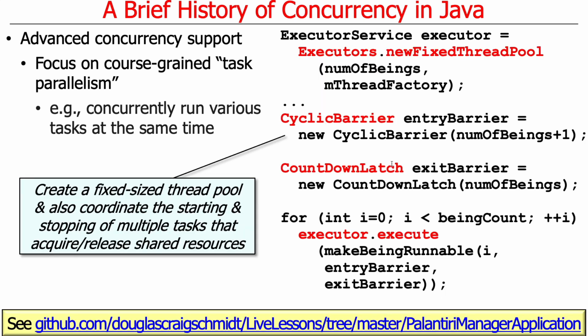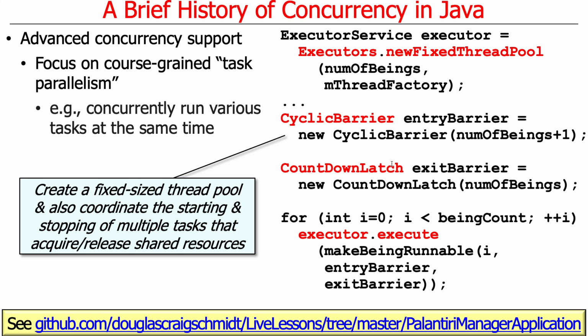This is actually not unlike a program that you'll do if you come back to my sibling course in the spring, where we're going to implement a Palantir manager app, which is super fun. We create a pool of threads, typically a fixed-size pool of threads. Then we create a couple of barrier synchronizers, which will coordinate the starting and stopping of those threads that are running in the pool. Then we give the threads something to run.